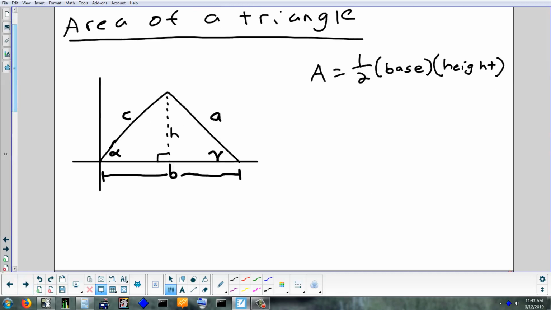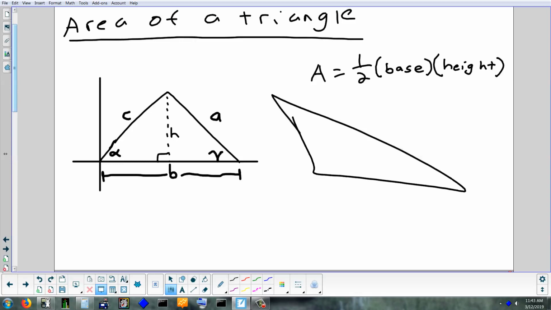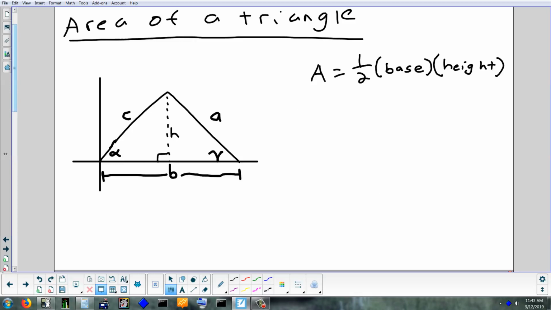Like if you had a triangle like this, you don't know the height in that triangle. If you said that 3 is the height, no, it's not. 3 doesn't go straight up and down. It's kind of slanted. So there's a very easy way to find the area of that triangle. But you can't use 1/2 base times height. But the way we're going to find the area, it's based off that formula.